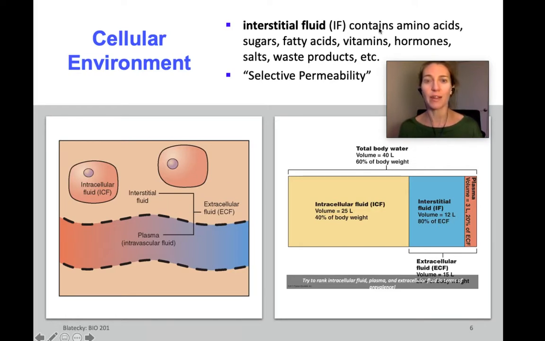And within that, you've got amino acids, fatty acids, sugars, vitamins, hormones, cellular waste, and lots of different salts and ions. And so I'm trying to frame for you a picture of what our cells are swimming in, right? It's this incredibly dynamic environment, and they have to be very selective about what they pull in.